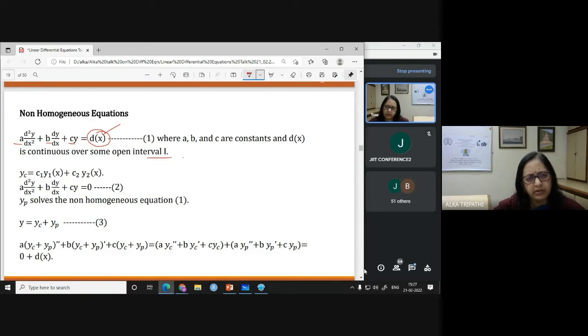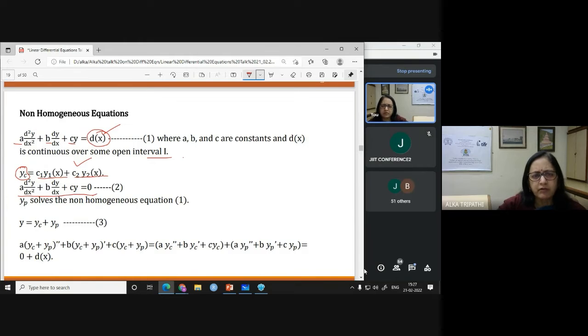As you know, if my differential equation is this one, then my solution is c1 y1x plus c2 y2x, because I will get two linearly independent solutions. I can write it as a linear combination of y1 and y2. Let me denote it by yc, that is the complementary function we also call it.